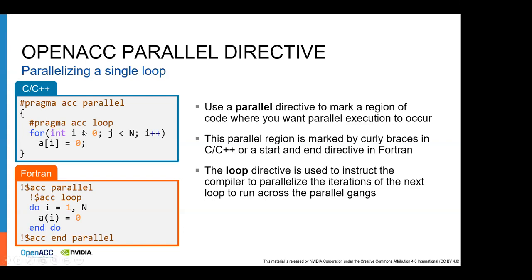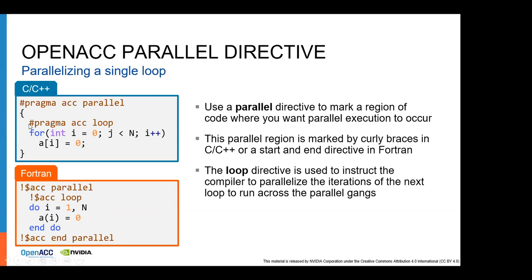And to parallelize the loop, you add another pragma, which is pragma ACC loop, or exclamation mark $ACC loop in Fortran. This means that these loops will somehow be work shared, offloaded to the GPU, shared among all the GPU units.